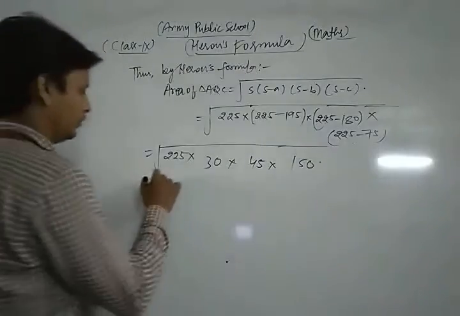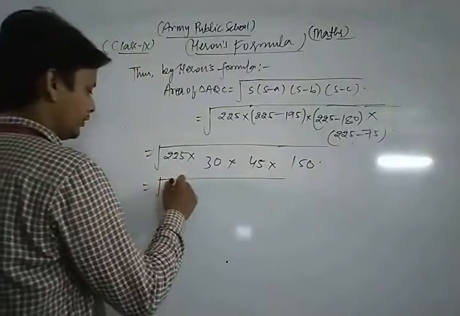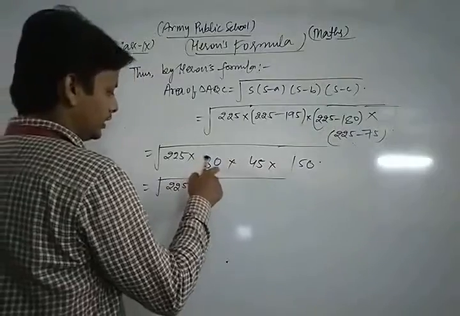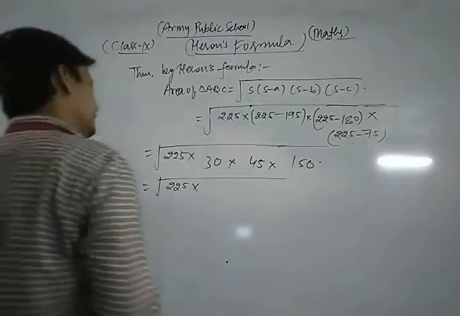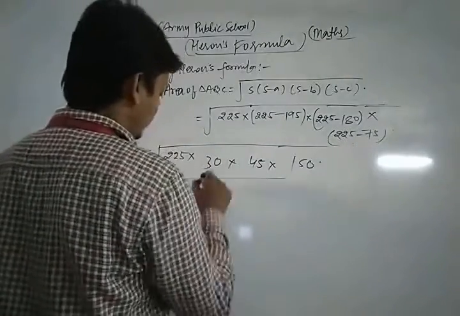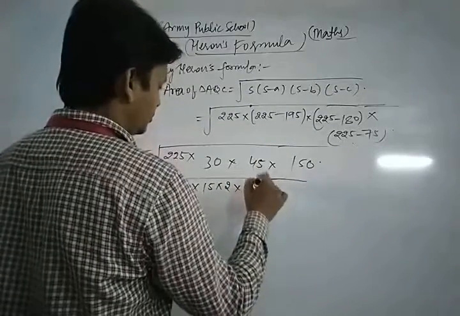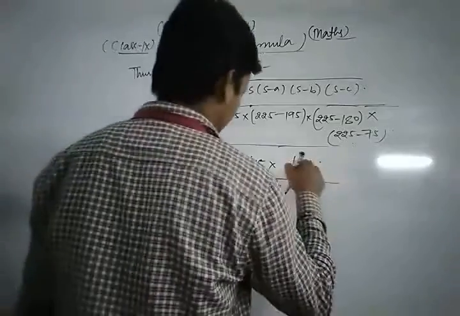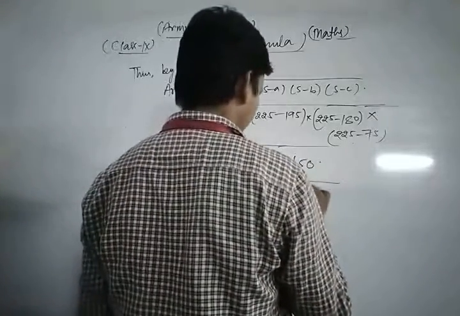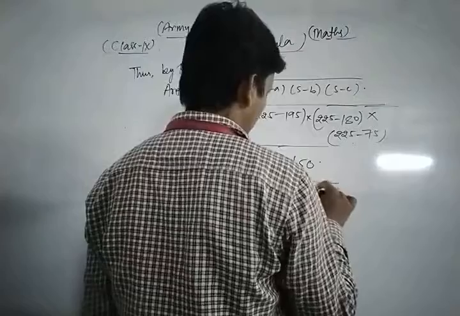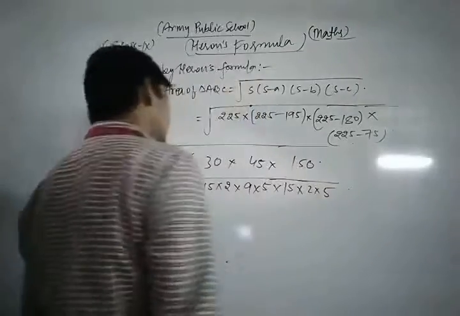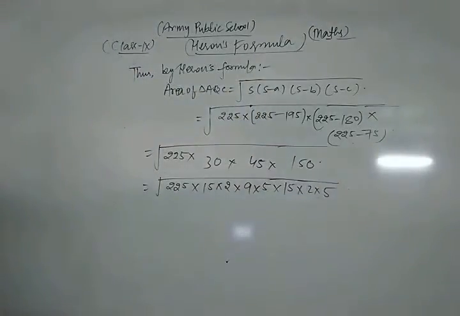Now you know that the square root of 225 is 15, so we can write 30 as 15 into 2, 45 as 9 into 5, and 150 as 15 into 10, that is 2 into 5 into 15.